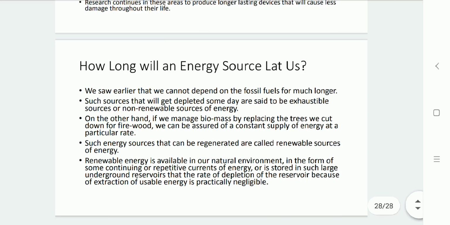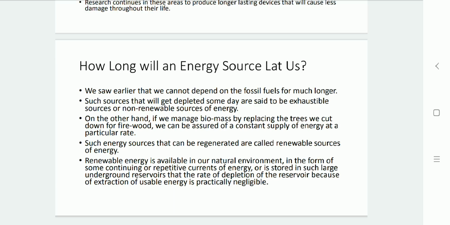So we need to go through these criteria to select a good source of energy, which should be less harmful to the environment, easily available around us, low cost, and available for a long time, right?